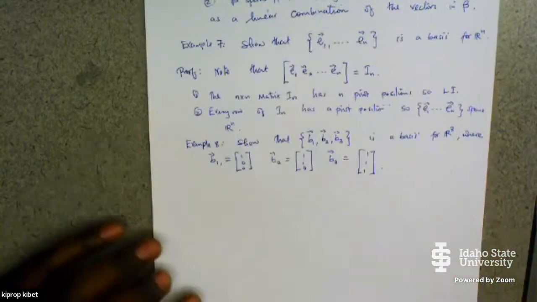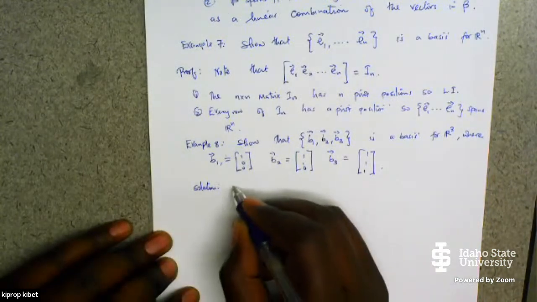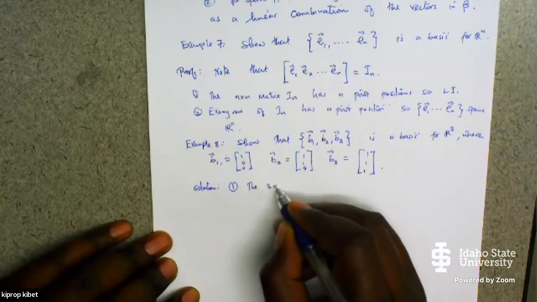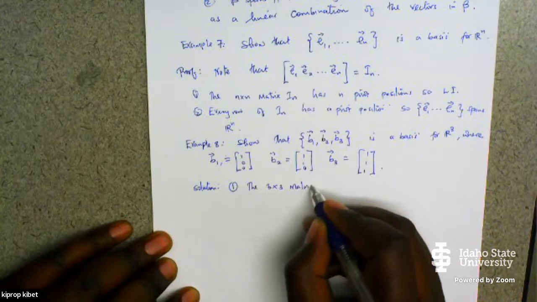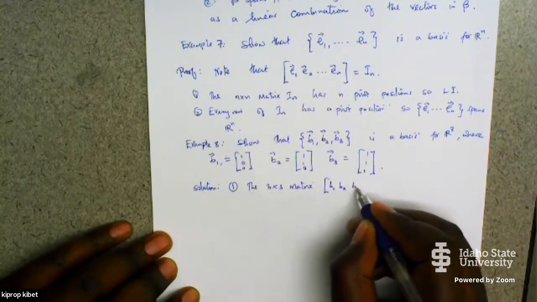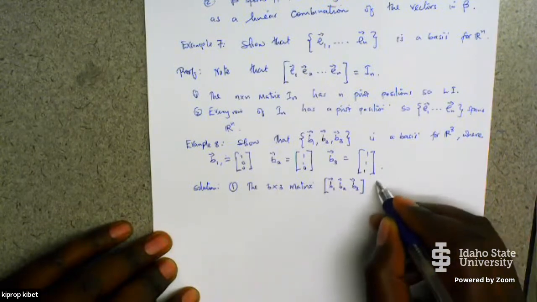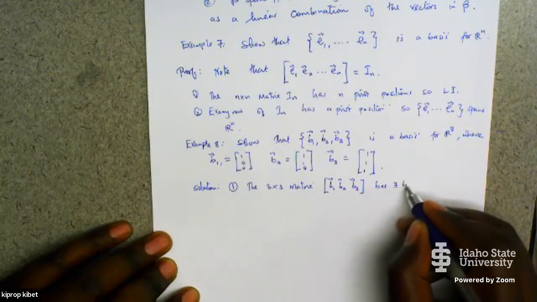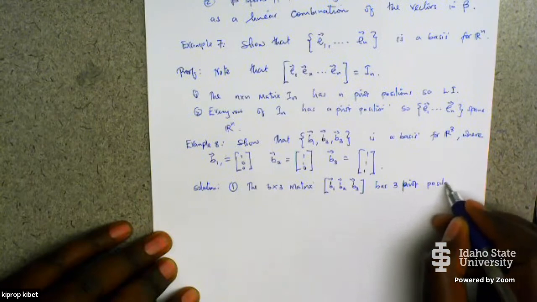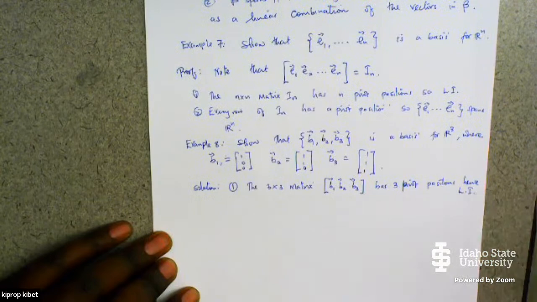So the solution, without even solving it, we can see that number one, the 3 by 3 matrix, which is b1, b2, b3, has 3 pivot positions. Hence, linearly independent.